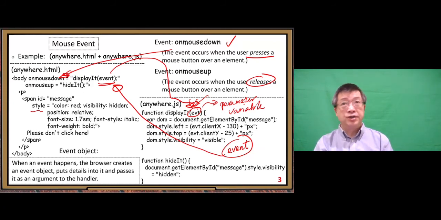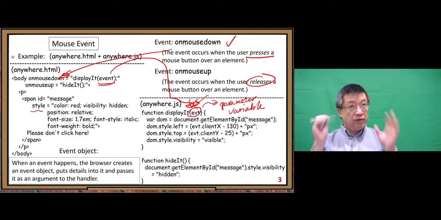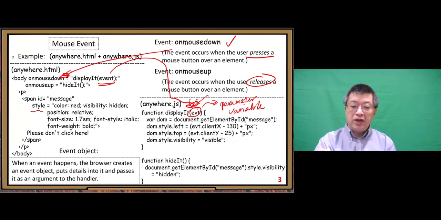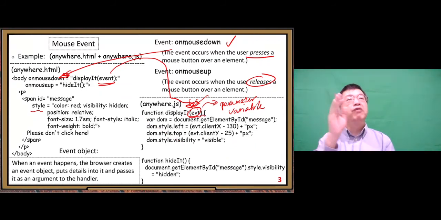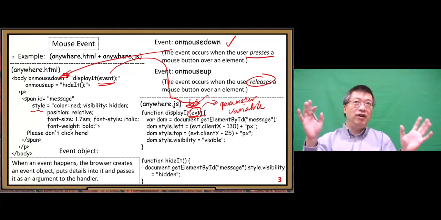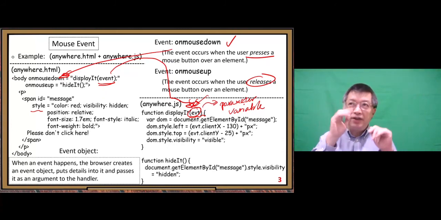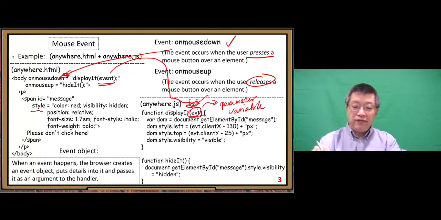That will cause confusion. You don't want that. So to avoid confusion, intentionally use a different spelling for your own variable, such as EVT. E or EV are also okay, just different from event.